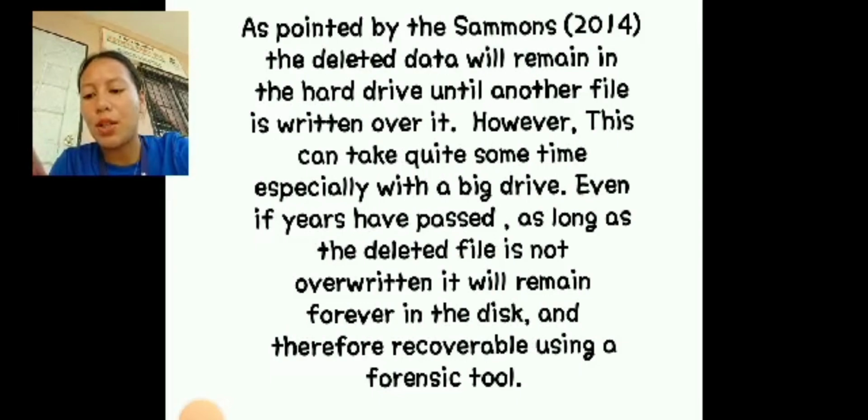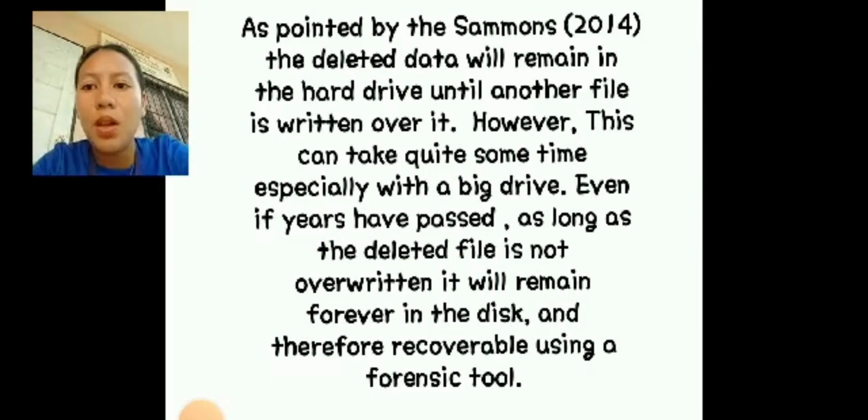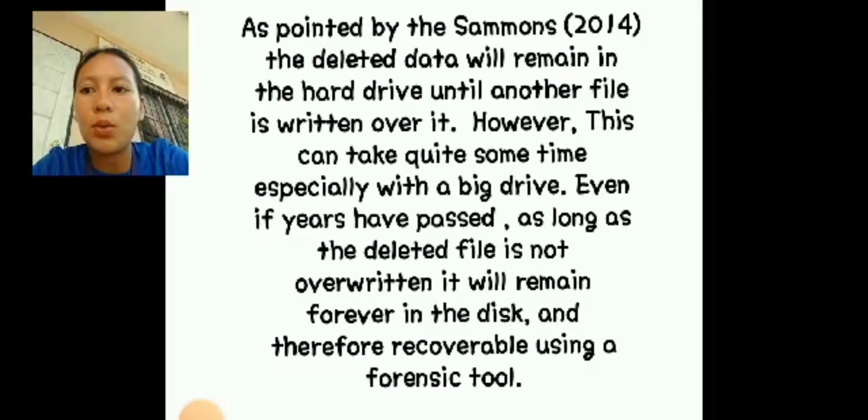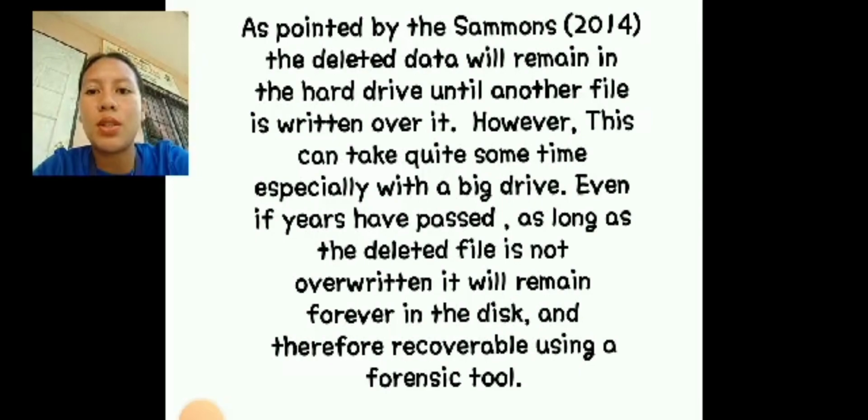As further stressed by Nelson 2010, when a file is deleted in Windows Explorer or with the MS-DOS delete command, the OS inserts hex E5, which most hex editing programs reflect as the lowercase Greek letter sigma in the file name's first letter position in the FAT database.